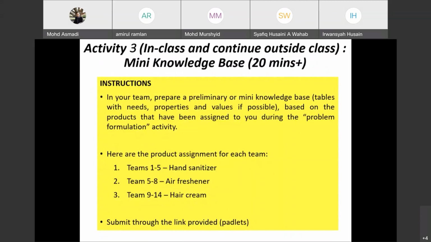Okay, kalau awak tengok kat situ, in your team, prepare a primary omni knowledge base table with need properties and value if possible based on the product that have been assigned to you during the problem formulation activity.